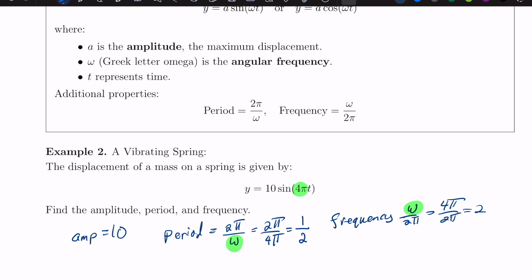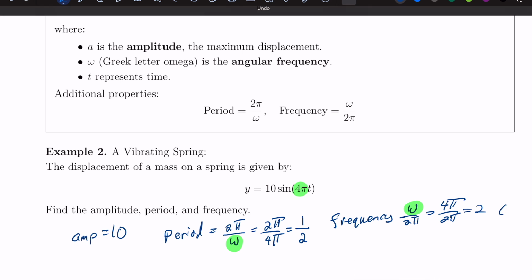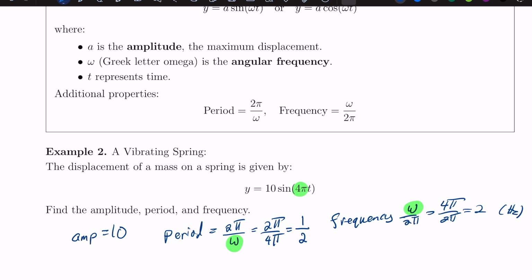And what this probably means is this 2, if we're going to put a unit on it, is probably in hertz, Hz. And hertz is cycles per second. That's how many times you complete a full revolution in a second. So whatever that periodic function looks like, it'll do 2 sets of that period in 1 second. And so that's what hertz are.